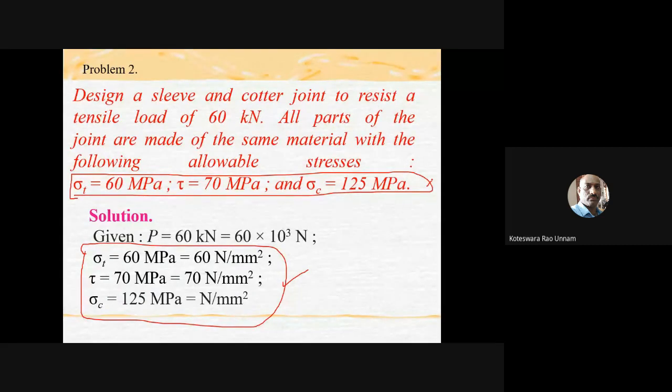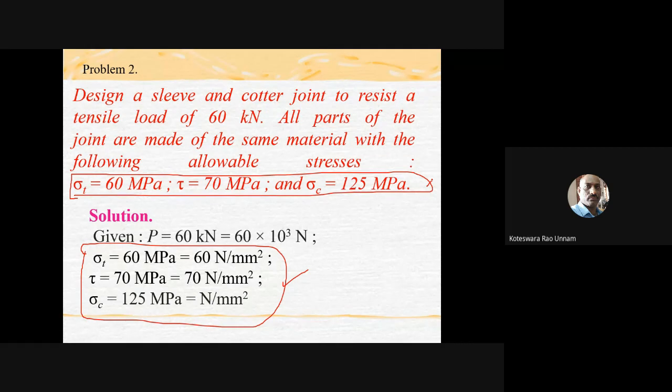In yesterday's class, we discussed the various dimensional parameters for this sleeve and cotter joint. We have to find out d, d2, d1, b, a, c.